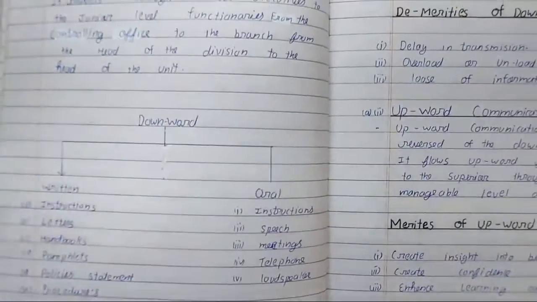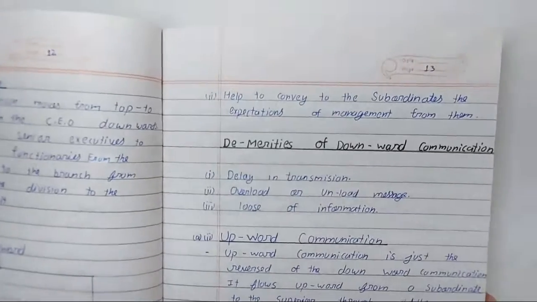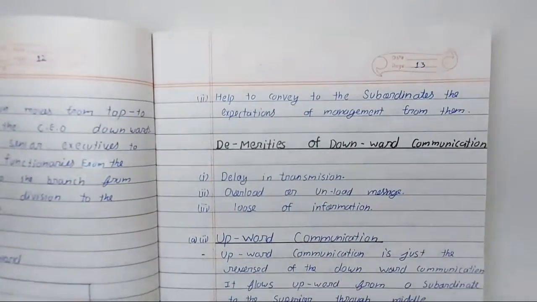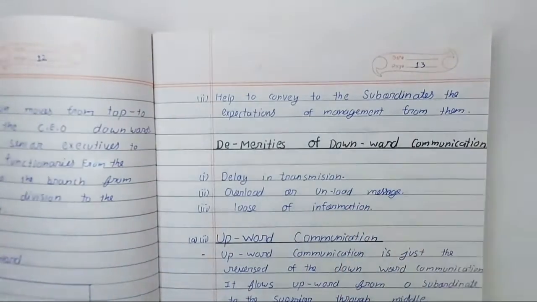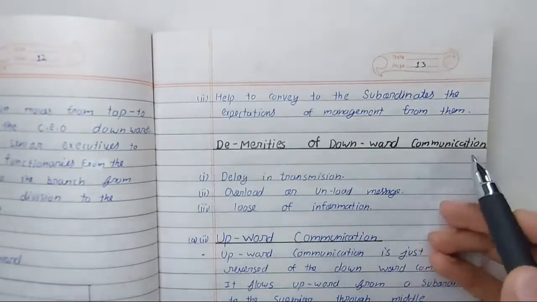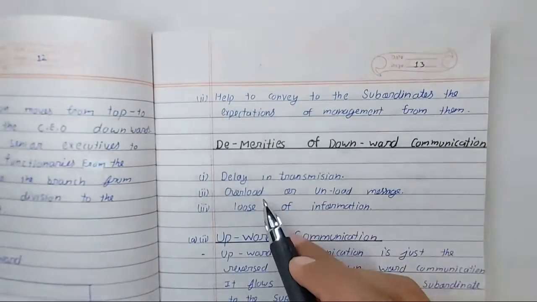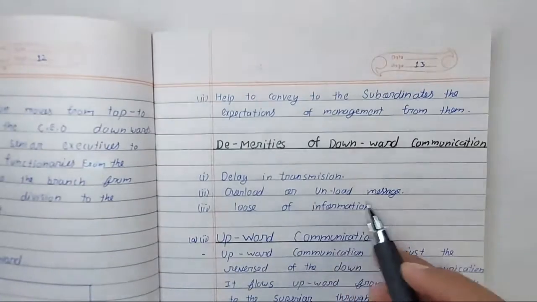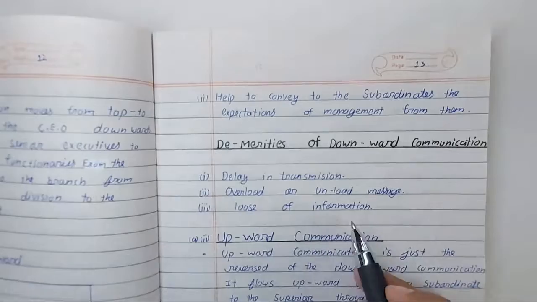Second point, it helps to convey to the subordinates the expectations of management from them. Demerits of downward communication. First one, delay in transmission. Second one is overload or underload of messages. Third one, loss of information.